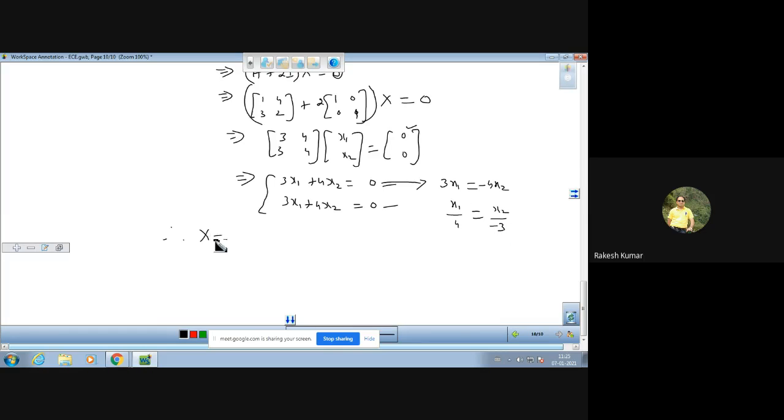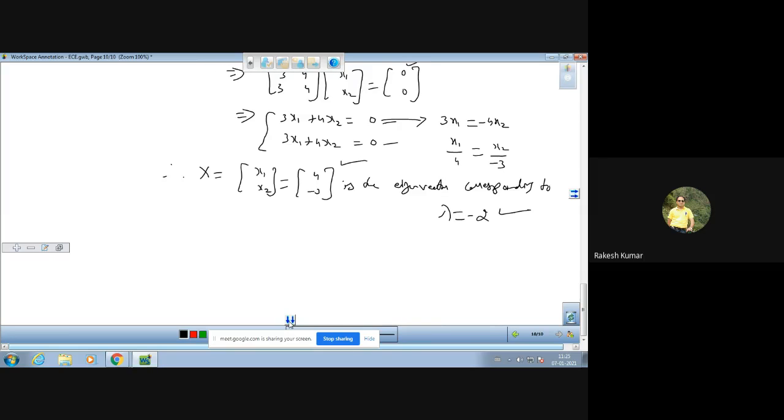Therefore the vector x is (4, minus 3), the eigenvector corresponding to lambda equal to minus 2.